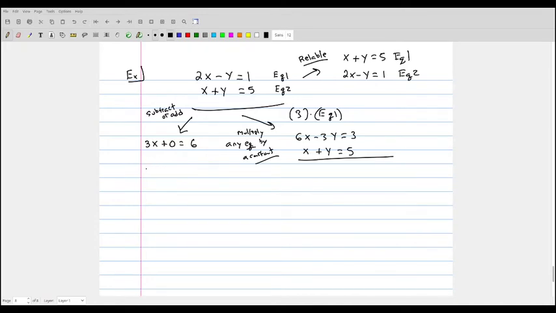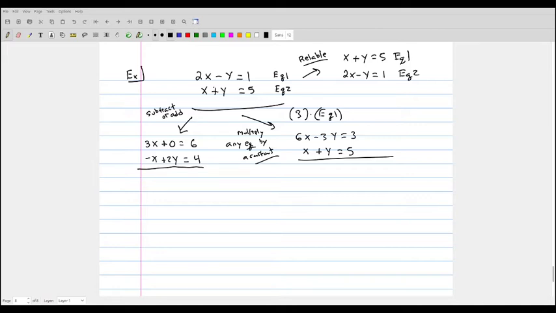And if I subtract equation 1 from equation 2, you'll get x minus 2x, which is going to be negative x, and then y minus negative y, which will be plus 2y, and lastly 5 minus 1 is equal to 4. So this system looks different, but it has the exact same solution as the original system that we started with if you go through and solve this system.